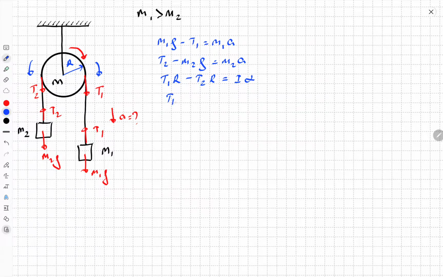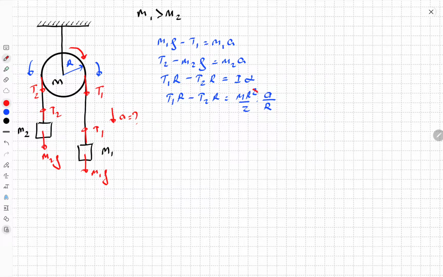So let me continue with the last equation. The moment of inertia of this pulley equals MR squared over 2 because it's a disk, times angular acceleration. In this case, angular acceleration equals acceleration over radius.